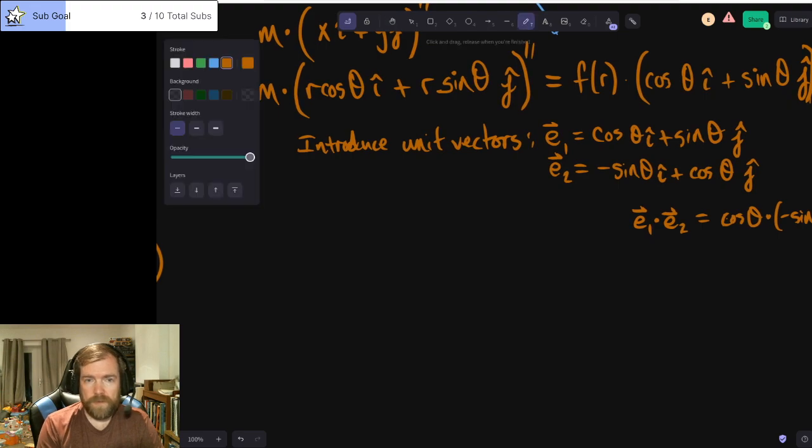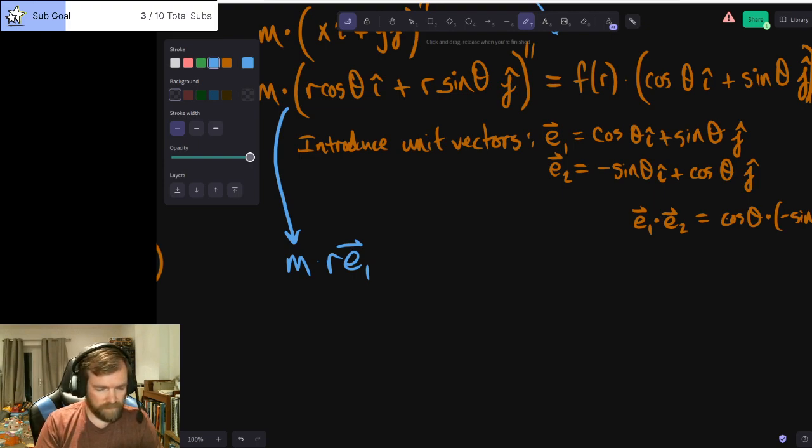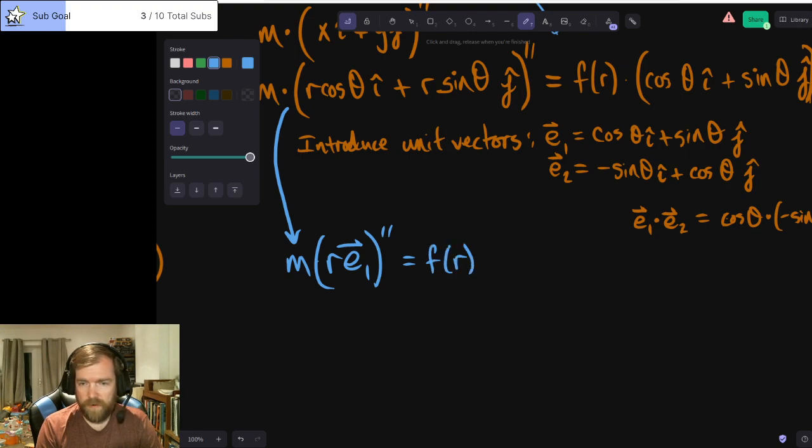So if we rewrite the above relationship, this is going to end up being m times (r E1) double prime equal to f of r times E1.